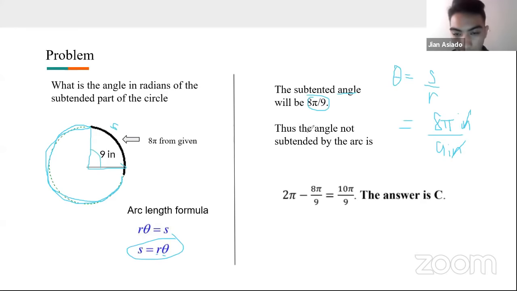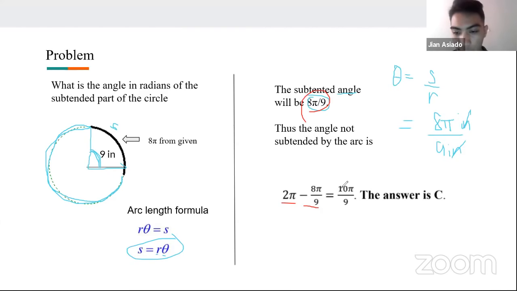Okay, so hinahanap yung not subtended. So, what we do is, we minus itong angle na ito with the totality of the circle, and that's 360 degrees or 2 pi. So, with this, 2 pi minus 8 pi over 9, this one.